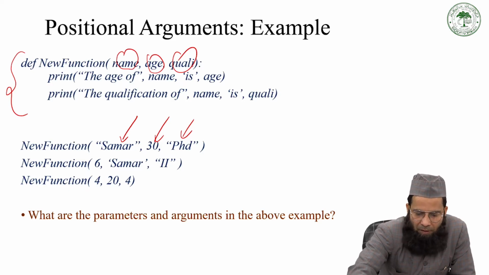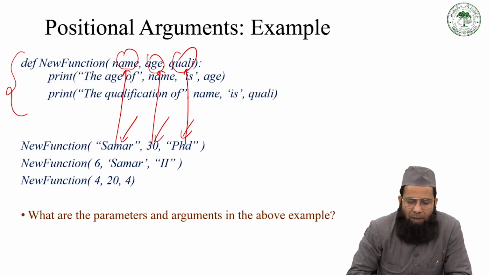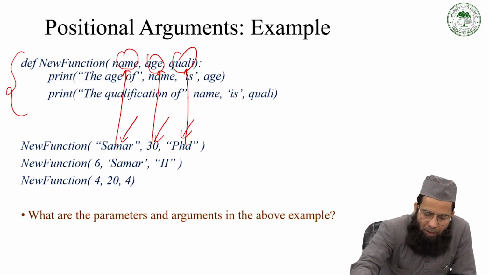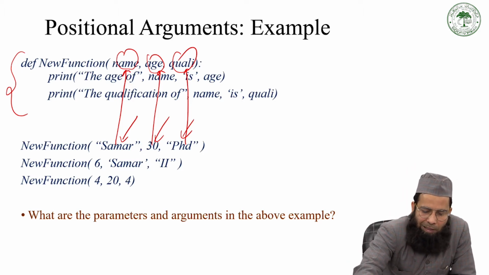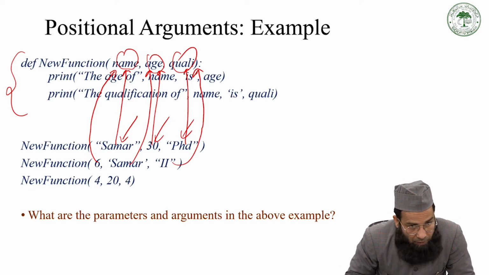So, summer will be stored in name, 30 would be stored in age, and PhD would be stored in qualification. But if you alter the position, then 6 would be stored in name and summer would be stored in age, and again 2 will be stored in qualification, which is not right in this case.